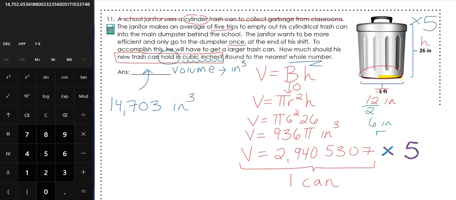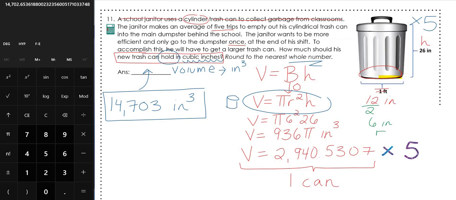That's how much the new dumpster should hold. You should be putting this formula, volume equals pi r squared h, on your reference sheet. I would recommend even putting a little visual to show that it's for a cylinder. Let's move on.